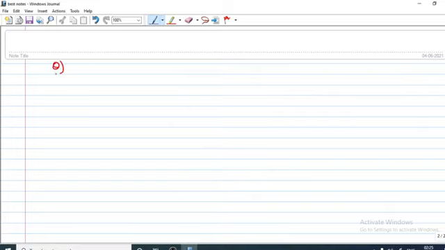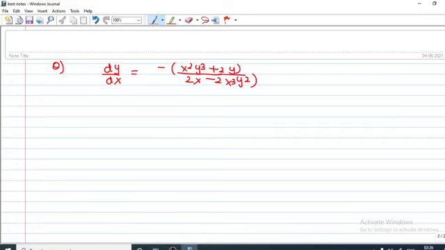The first question which we are going to take in this session is dy by dx equals minus x square y cube plus 2y, the whole upon 2x minus 2x cube y square. First thing, how we will solve this.